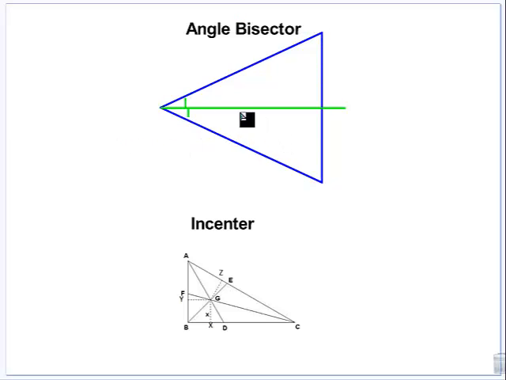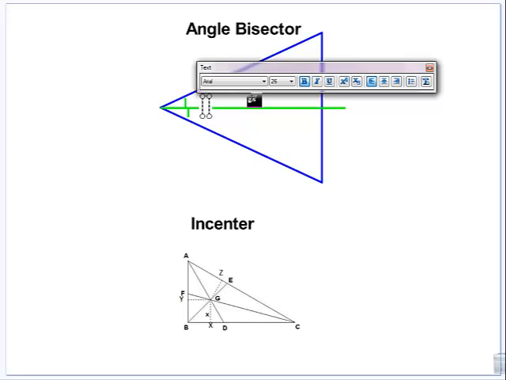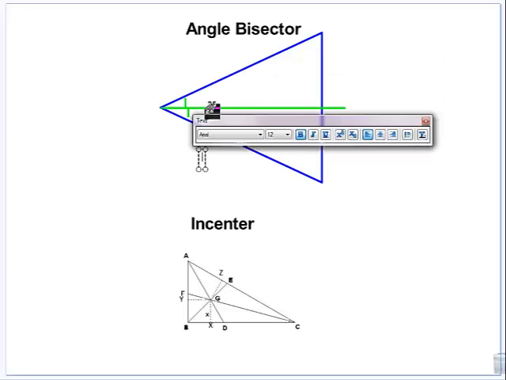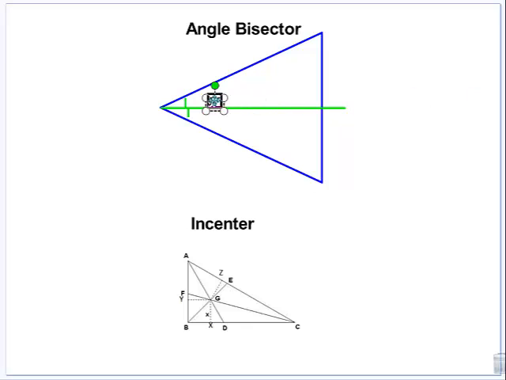So if I tell you that this first angle measure is 25 degrees, because it's an angle bisector, that also means that this second angle must be 25 degrees as well.